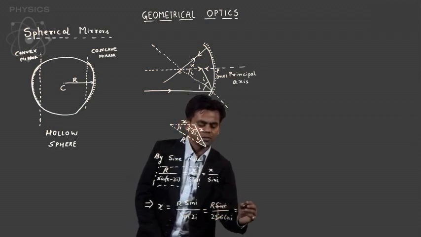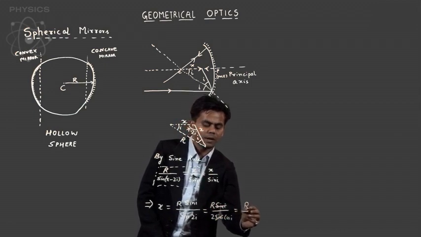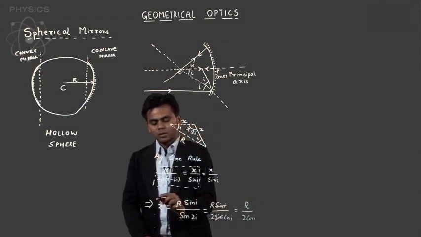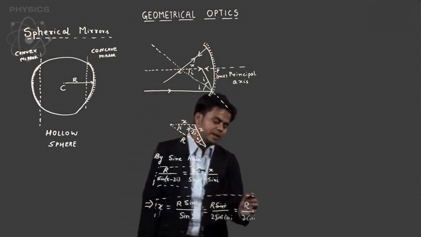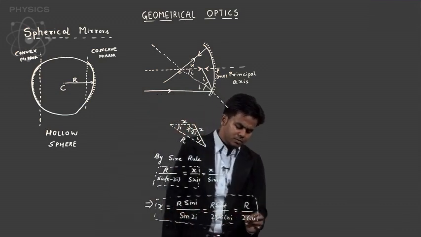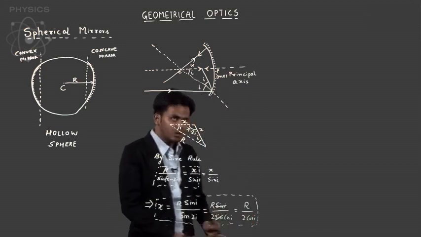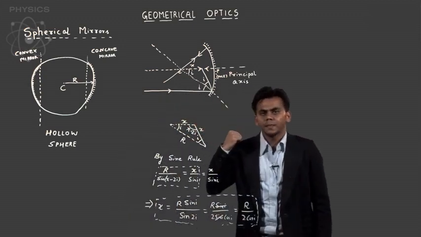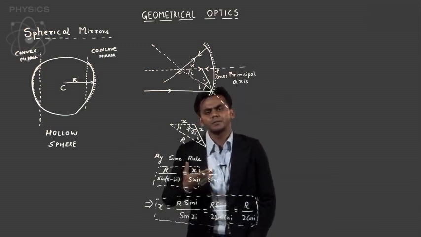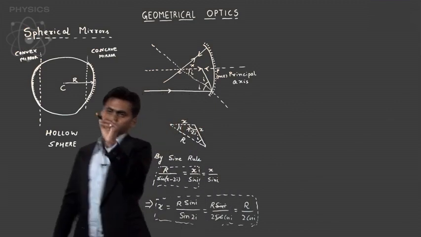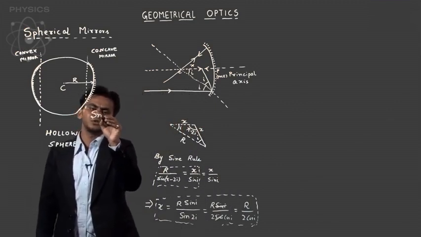What you have is simply R by 2 cos I, and this is your x, R by 2 cos I. Now there's a thing over here. The concave mirror, which we generally use in our day-to-day laboratory and practical purposes, has a small aperture. You understand there's something called small aperture.